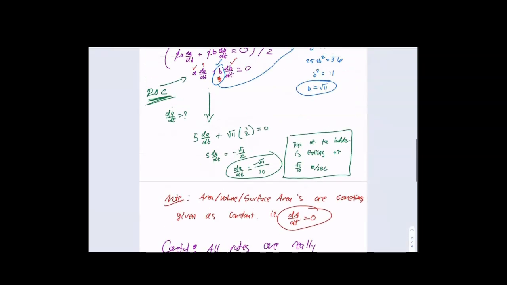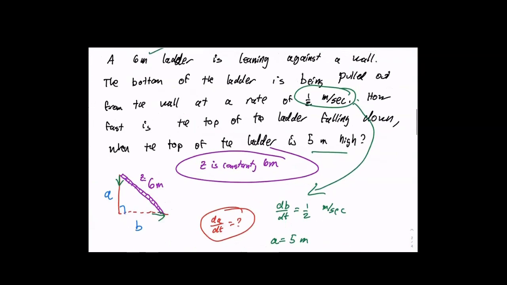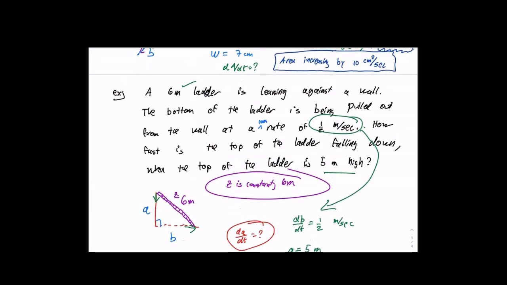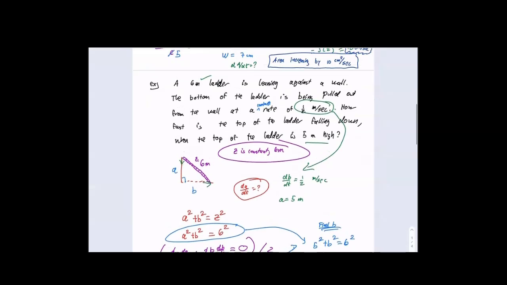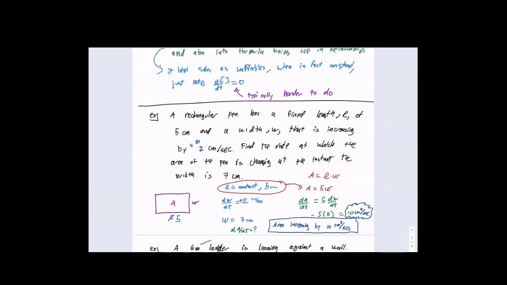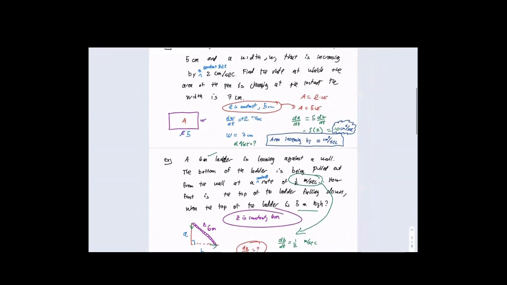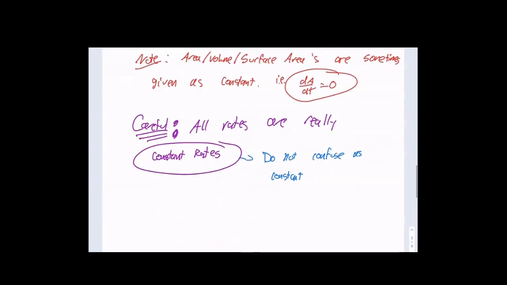When I said the ladder is being pulled out from the wall, I could have said at a constant rate of a half a meter per second. I could have said it is increasing at a constant rate. I could have said that for this one as well. Constant rate and being constant are two different things. So do not confuse constant rate and think, oh, that side is constant.